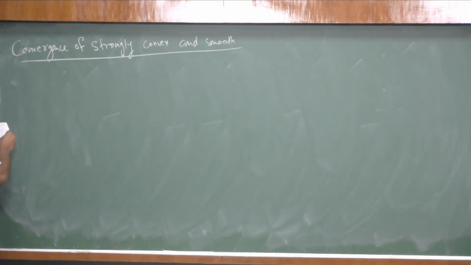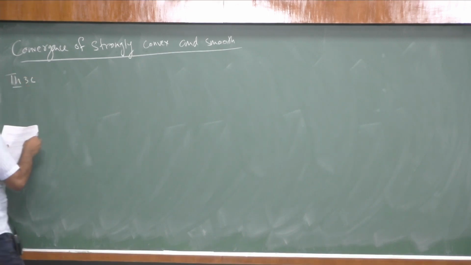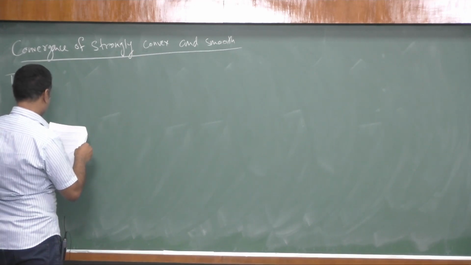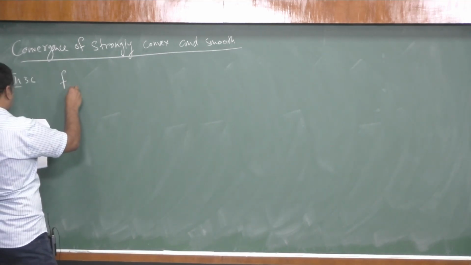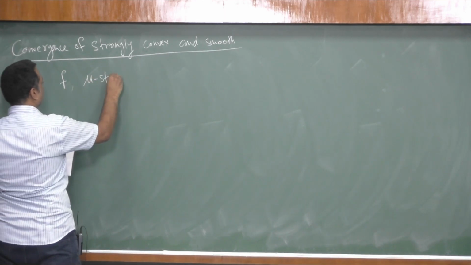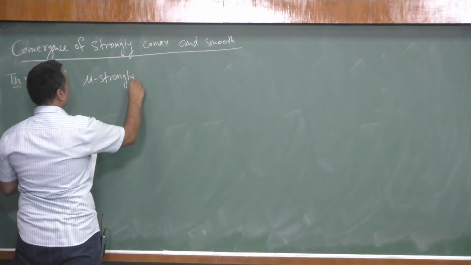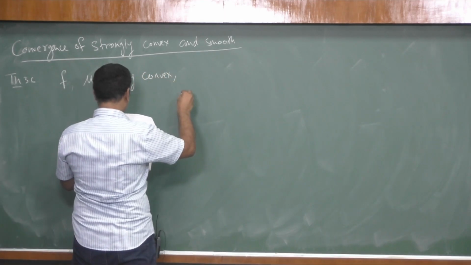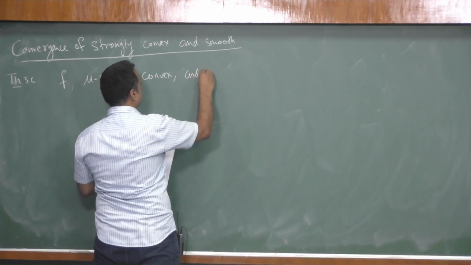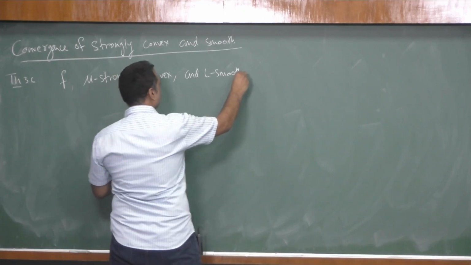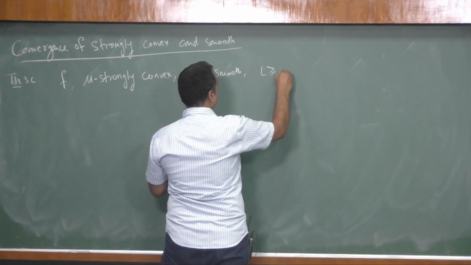So this theorem is, we have f mu strongly convex and L smooth for some L greater than or equal to mu greater than 0.